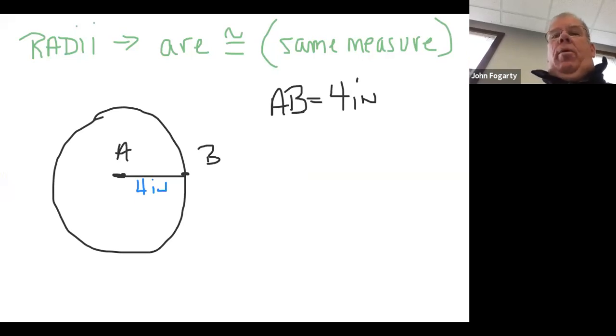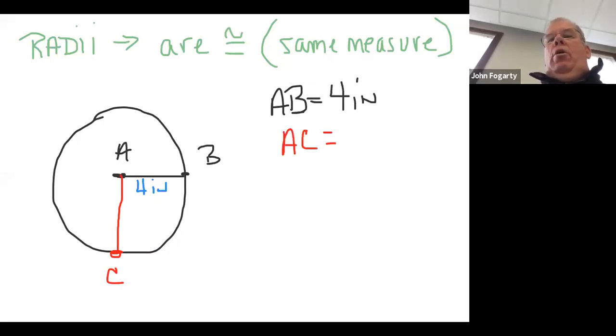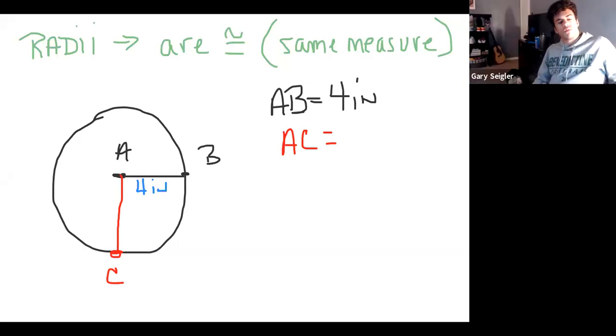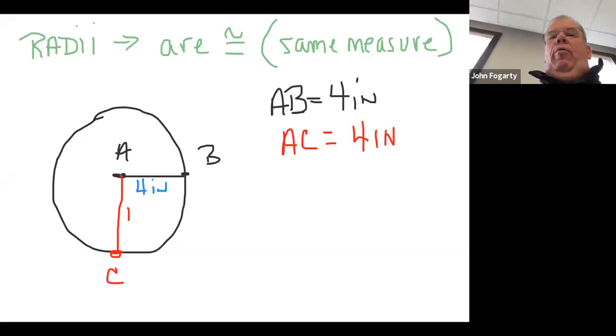I'm going to draw you another one. AC. Well, we know AC is also a radius. So if I said to you, how long is AC? What does your answer have to be? 4 inches. Why? Because all radii are congruent.